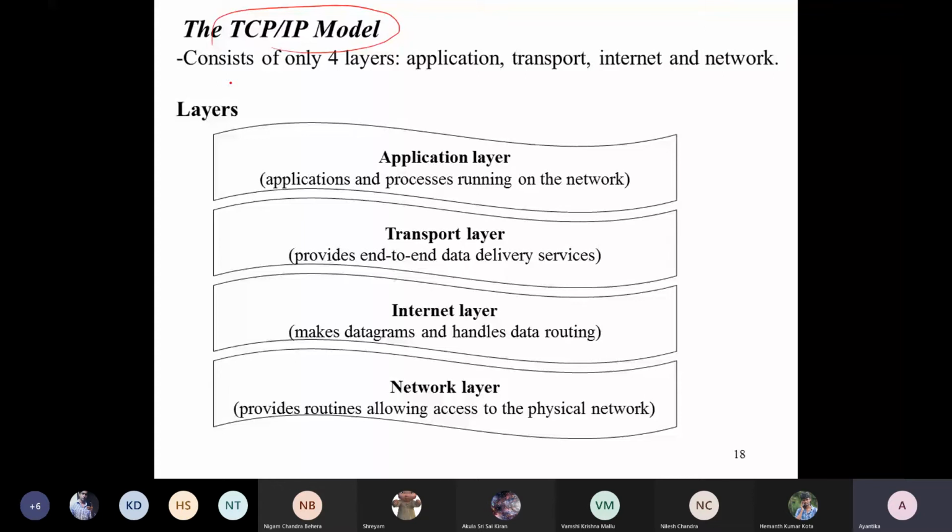Frankly speaking, TCP/IP was proposed prior to OSI, and after that, more granularity was added, and then comes the OSI model. But if we think about this TCP/IP model, based on these 4 layers, some functionalities of OSI layers are actually clubbed.